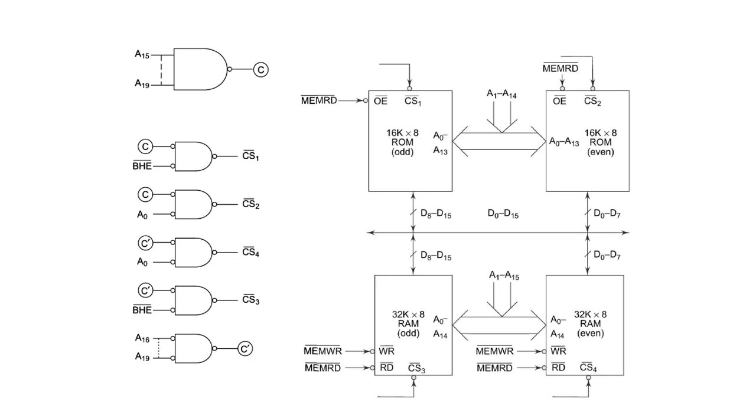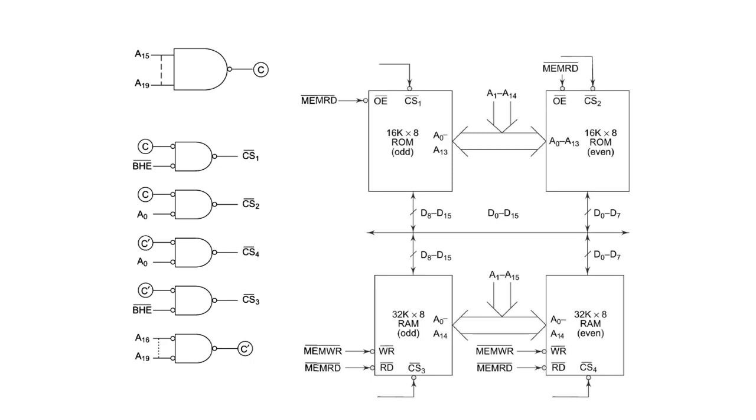So when A15 to A19 have a value of 1, the output of that particular NAND gate, C, has a value of 0. So when C and BHE bar are given to the logic gate, it will enable the output CS1. That means CS1 is for the odd address bank of the ROM.